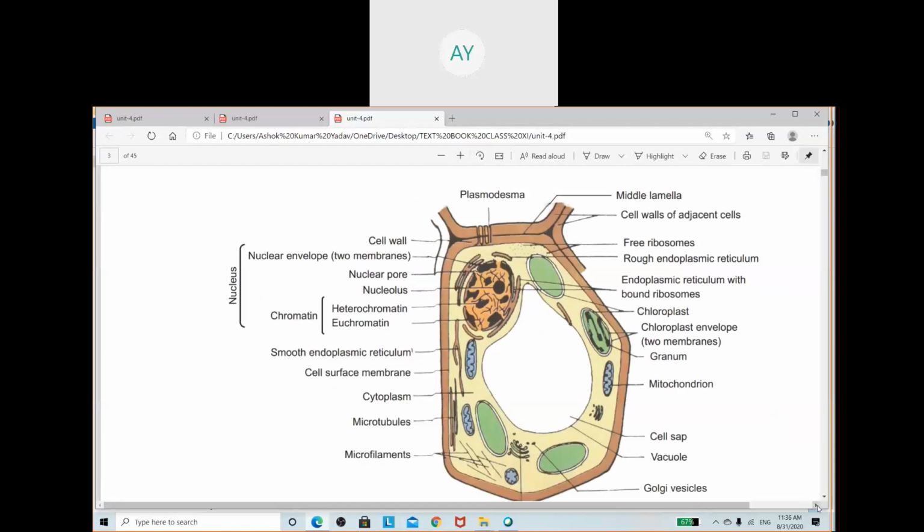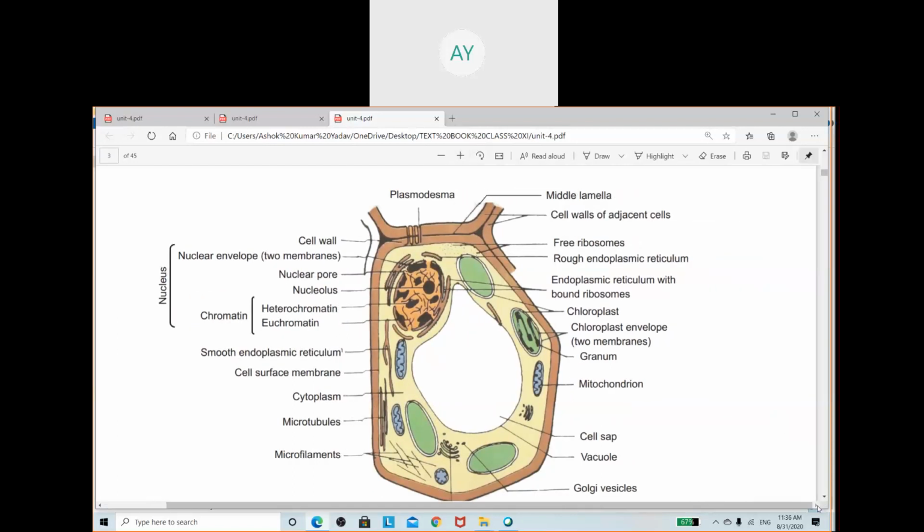Just try to know the difference between nucleoplasm and cytoplasm. The liquid between the cell membrane, this is the cell membrane, and this is the nuclear membrane. So the liquid between them is known as cytoplasm.